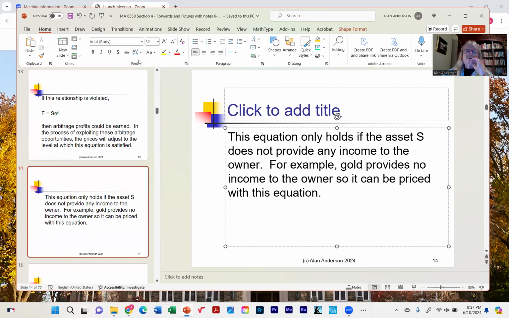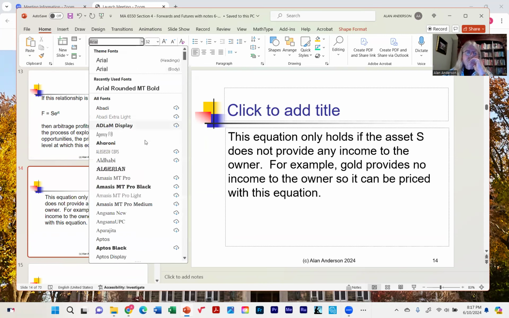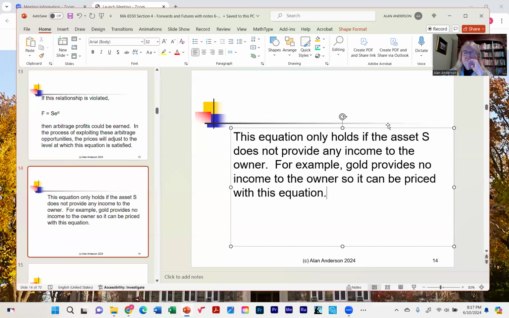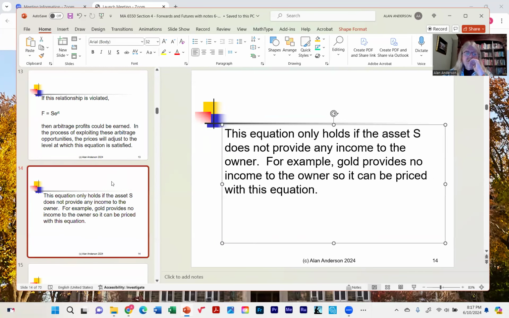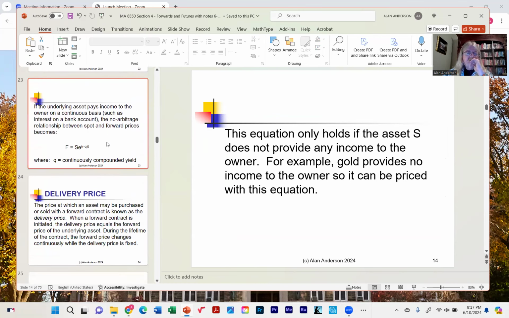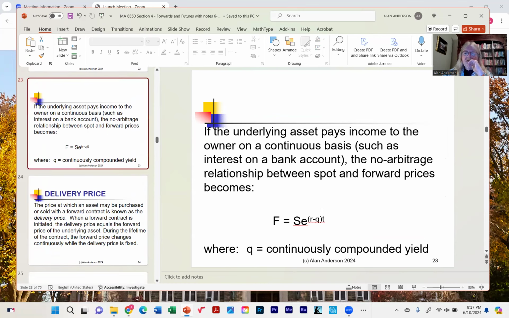But what about assets that do provide income? And there are many of them. Let me show you a quick example in the next slide.